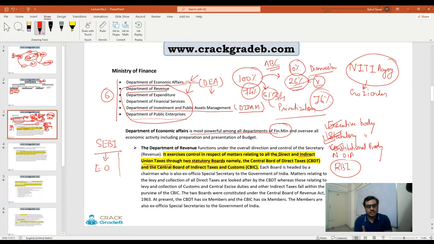If you want to change any function of the Supreme Court or any other body mentioned in the constitution, you have to change the constitution, which is the most difficult part, right? So that is why constitutional bodies are the most powerful bodies and have the most autonomy to work, right?